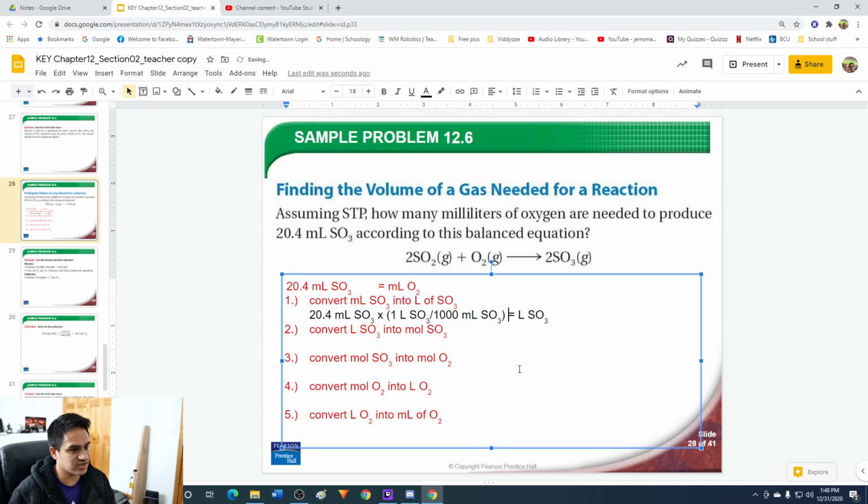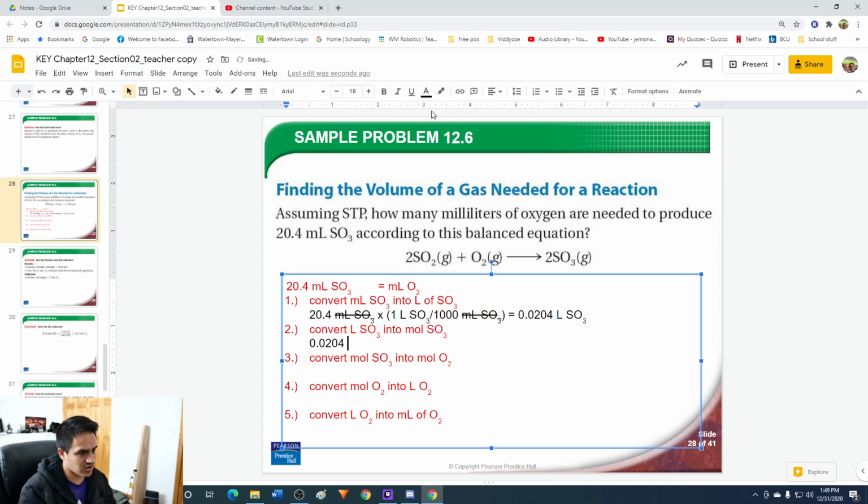Using dimensional analysis, if we're starting with milliliters of SO3, then we need to put the 1,000 milliliters of SO3 on the bottom so that it cancels and we get into liters of SO3. So we're basically just going to take 20.4 and divide that by 1,000 to get this into liters. So I get 0.0204 liters.